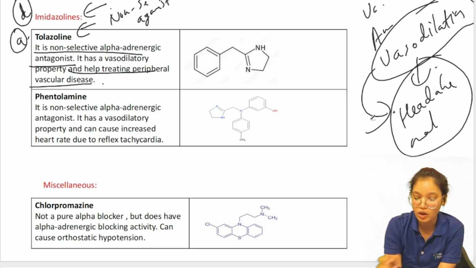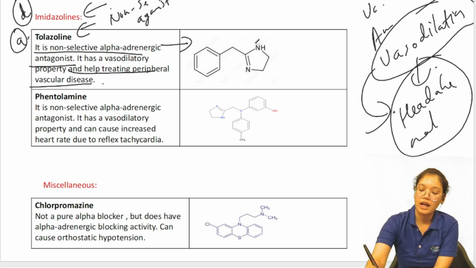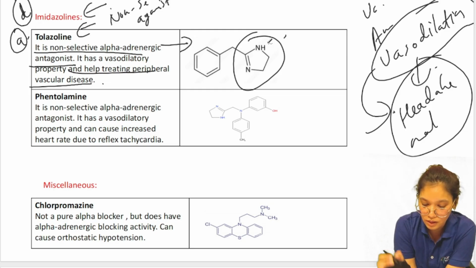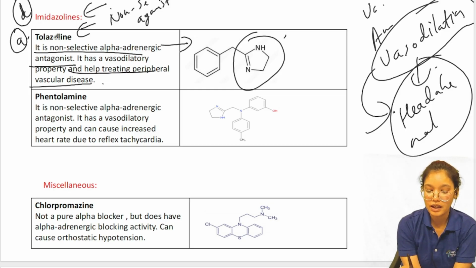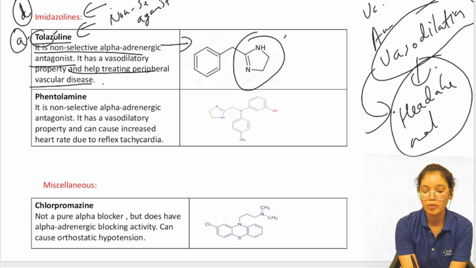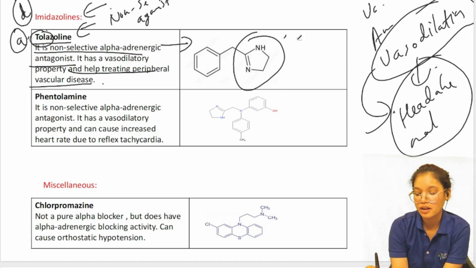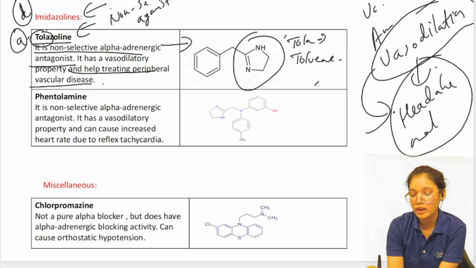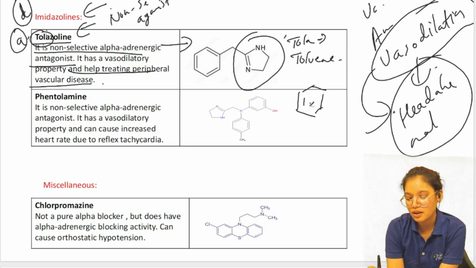Okay. Now talking about the structure, it has an imidazole ring. From tola we can say toluene. So what is toluene? Toluene is just a benzene ring attached with CH3.